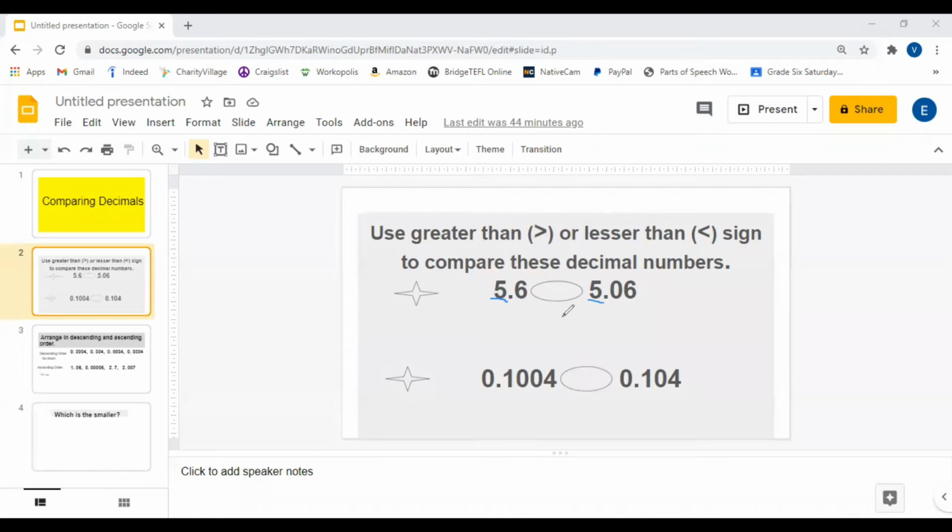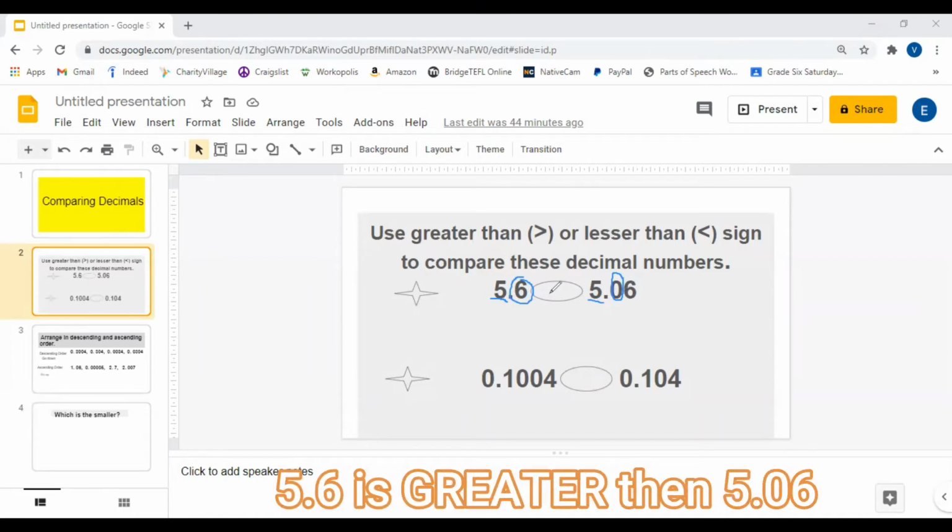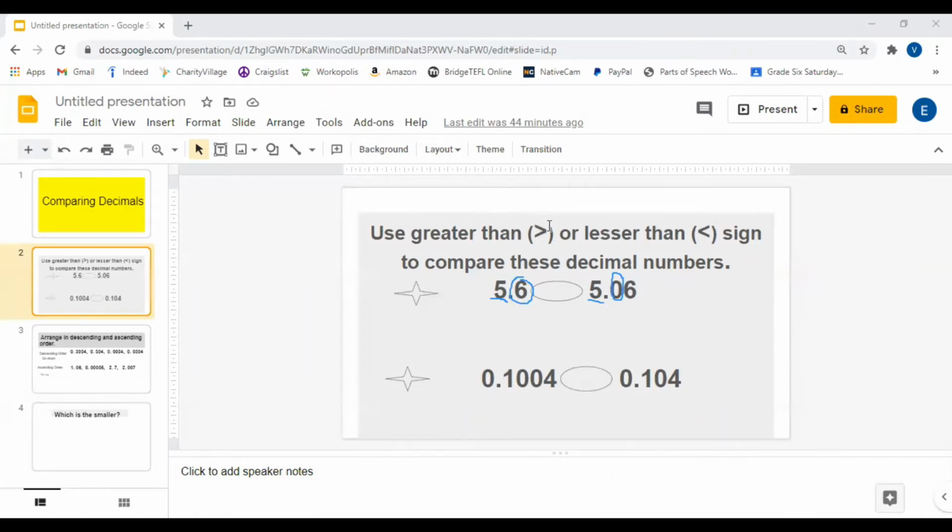Now I'm looking at the second digit. The second digit is 6 in 5.6, and in 5.06, the second digit is 0. So we don't have to go any further, because 6 is greater than 0, and therefore 5.6 is greater than 5.06.